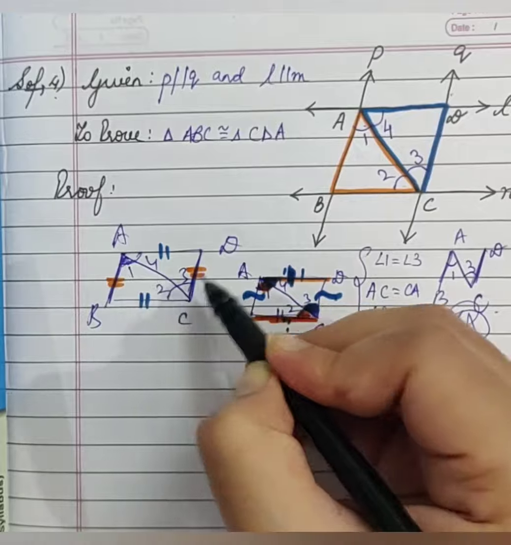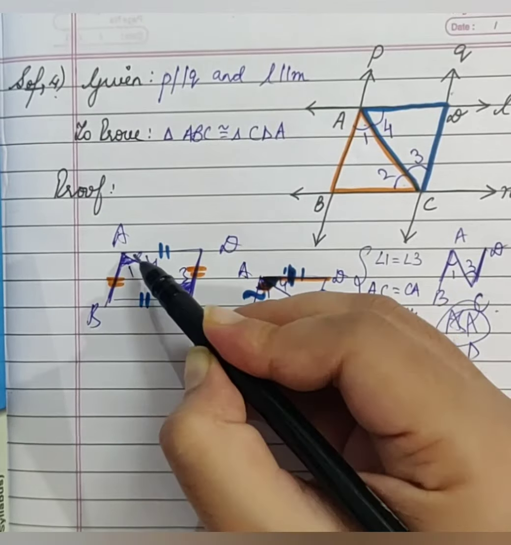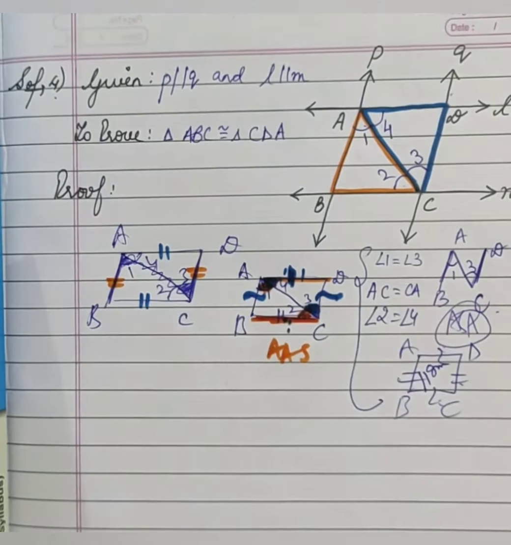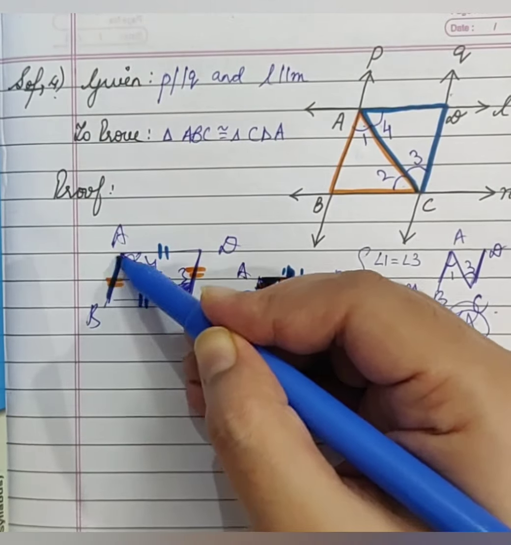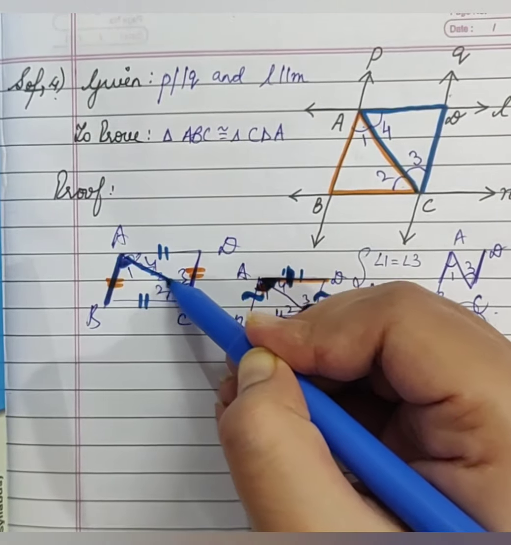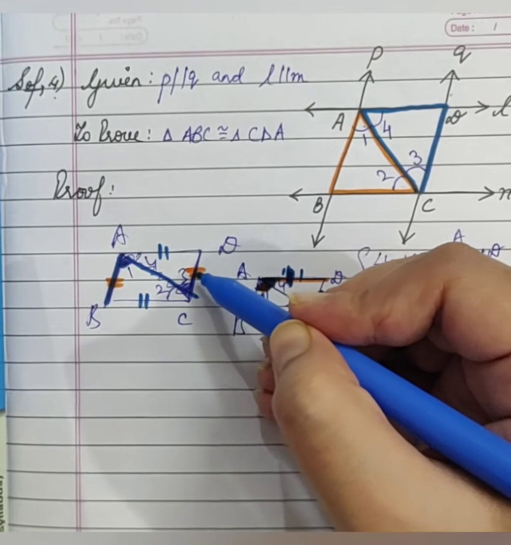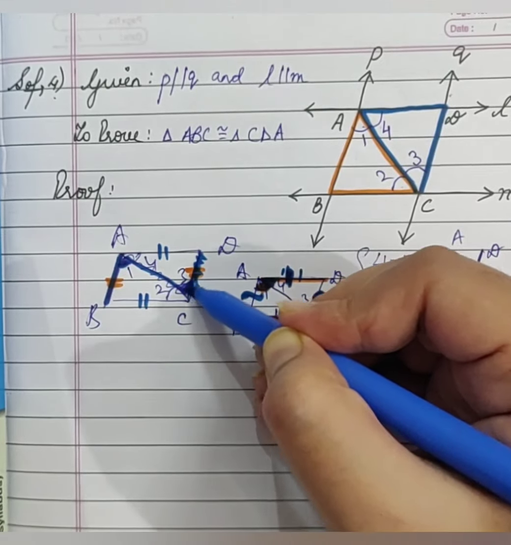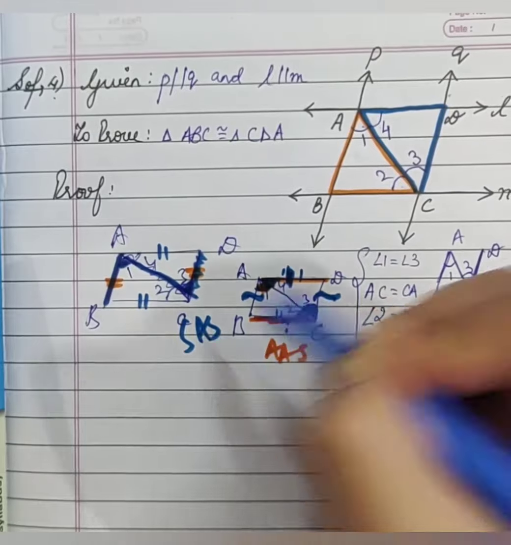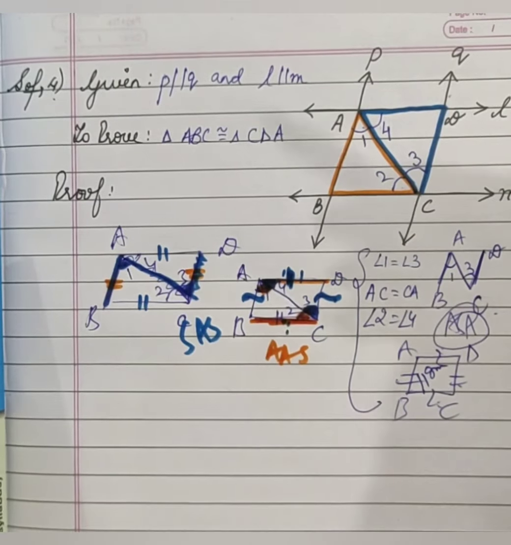This angle would be equal to this angle, and AC is common. So I can say by side, angle, side, we can check in this triangle also. Side, angle, side. By SAS congruence rule also, we can prove the triangles as congruent.